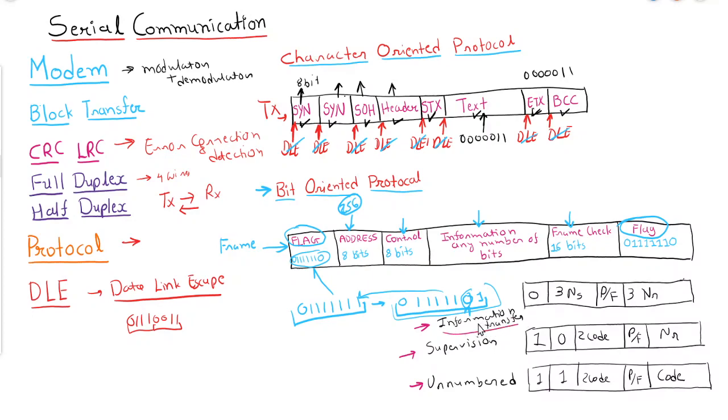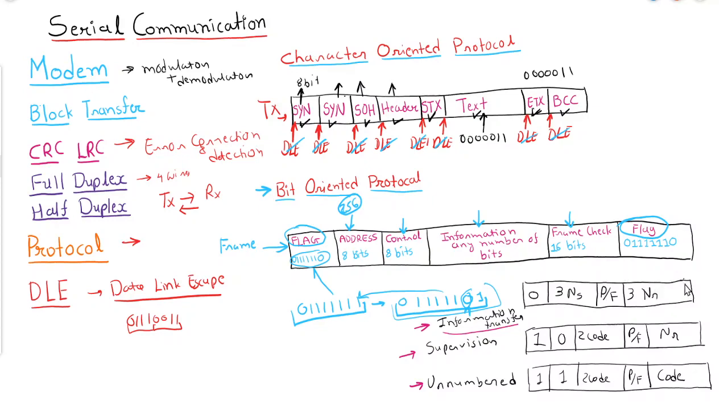Now if it is information transfer, then 3 bits will be used by the source, 3 bits will be used by the receiver, and 1 bit is for poll and final, which we will discuss later on. Actually this represents the frame number. Whenever the sender sends data, it will send the frame number in NS, meaning from the source.